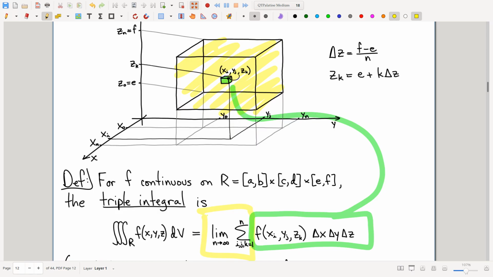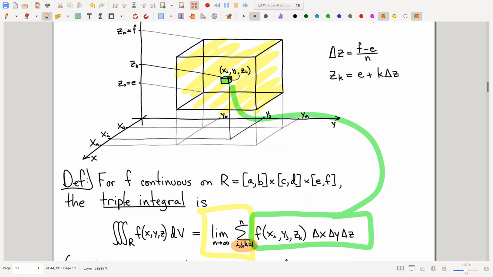So there's a bunch of little details you have to worry about here. We're going to add up, but we're going to add up in three different directions, right? There's sort of in the x direction, in the y direction, and in the z direction. So there are three parameters, three indices down here, i, j, and k. In some sense, that's a three-dimensional summation, you might say.